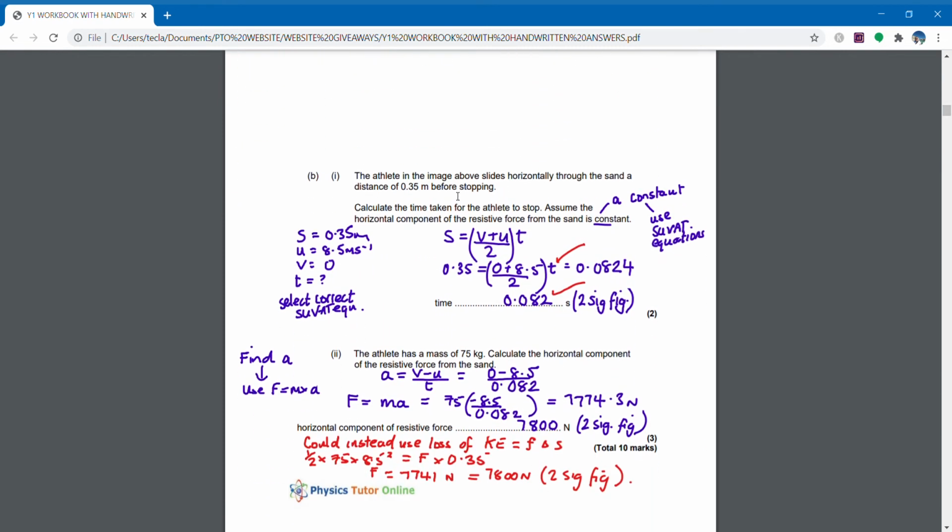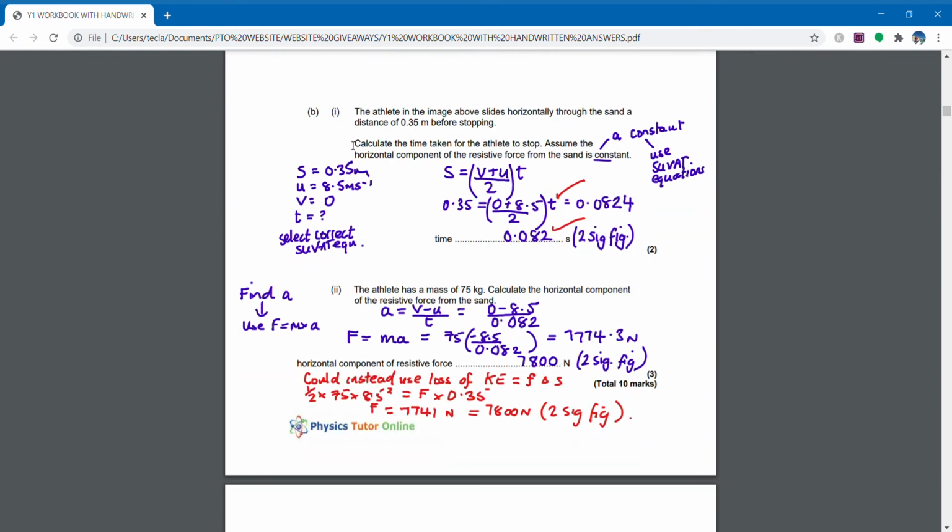B part 1. The athlete in the image slides horizontally through the sand a distance of 0.35 meters before stopping. Calculate the time taken for the athlete to stop. Assume the horizontal component of the resistive force from the sand is constant. So again, that means we've got a constant force acting, which means the acceleration will be uniform, which means we can use the Suvat equations.